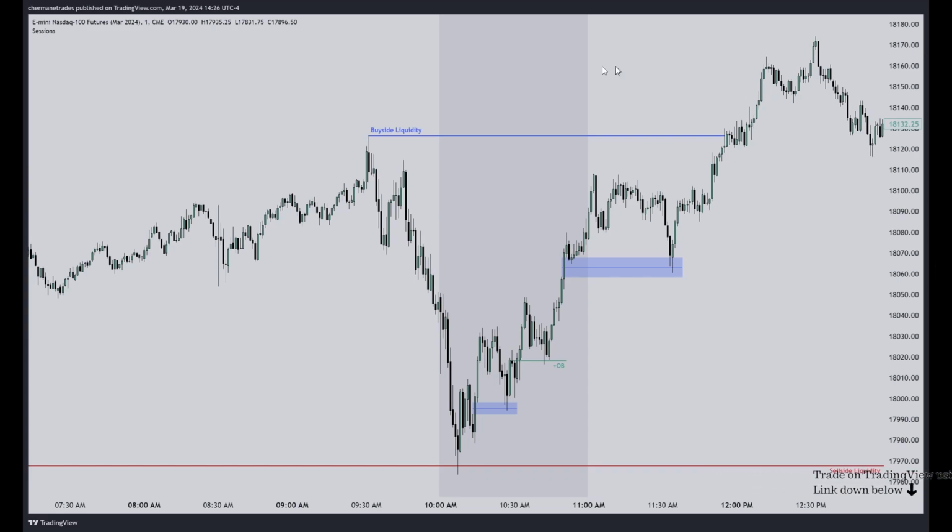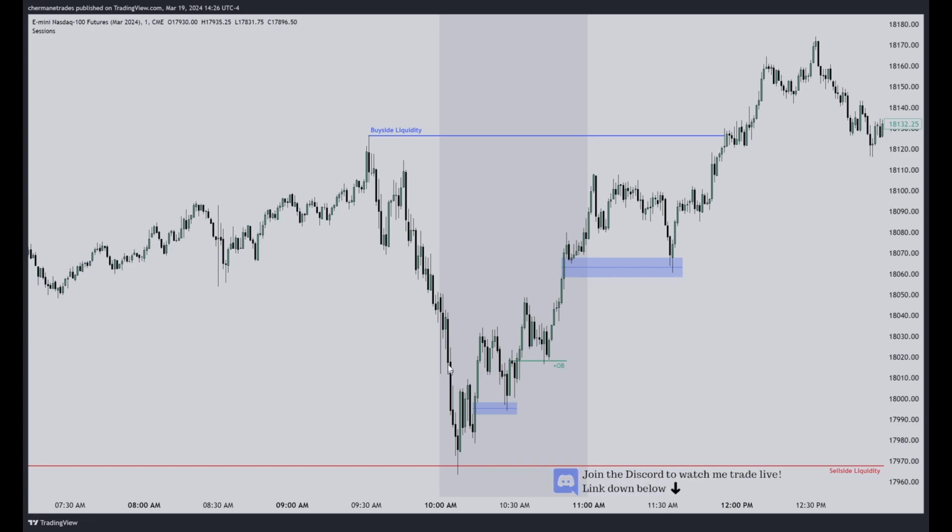So right here, this is an example of when I would look for a market structure shift. We have a fair value gap here. All right, we've taken out sell side. I'm waiting to see if this fair value gap gets disrespected. So when it comes to market structure shift, the main thing I'm looking for is, do we disrespect a PD array?